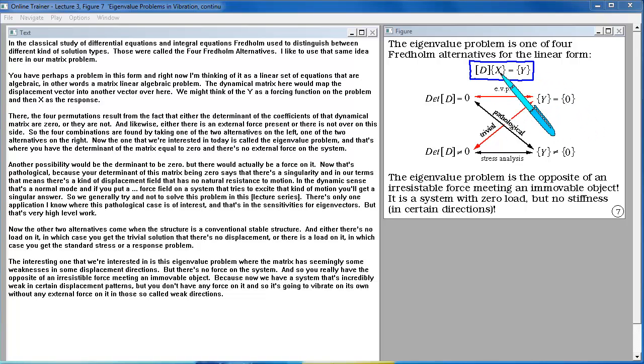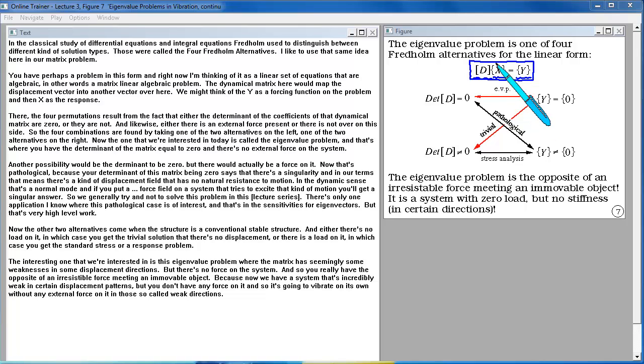In other words, a matrix linear algebraic problem. The dynamical matrix here would map the displacement vector into another vector over here. We might think of the y as the forcing function on the problem, and then x as the response.